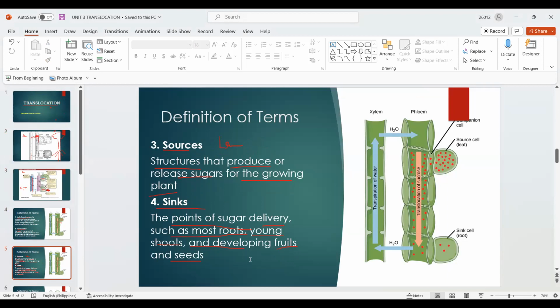So nangyayari ang pagkain or nagde-develop ng pagkain through the leaves. Okay? Through the leaves. So, kapag imaginein mo yung leaves natin, meron mga cells doon na kung saan nagko-convert ng pagkain. Yun yung present nyo last time. Di ba? So, nagko-convert sila ng mga pagkain. And at the same time, once na ready na yung pagkain na yun at luto na, that's the time it will transport in the sieve elements so that it will assimilate.